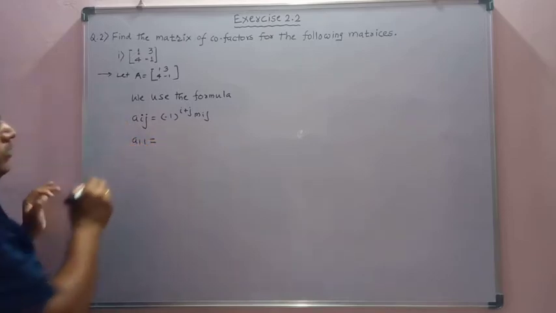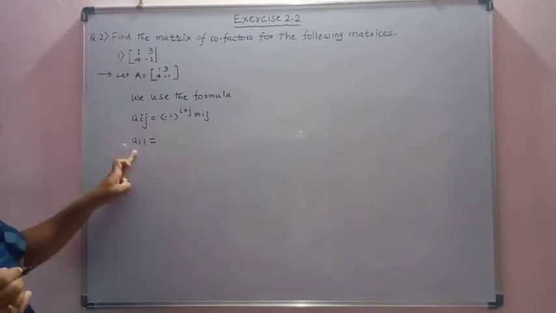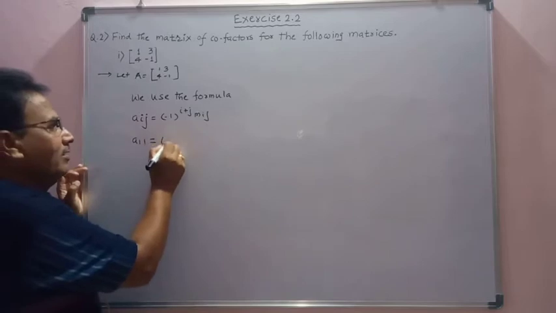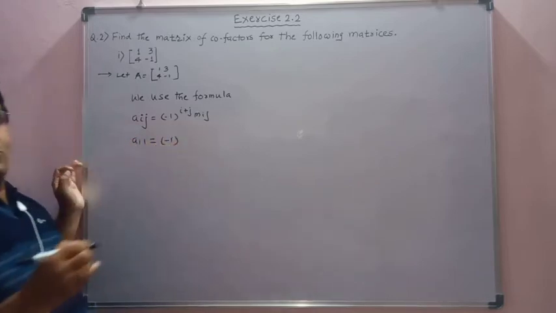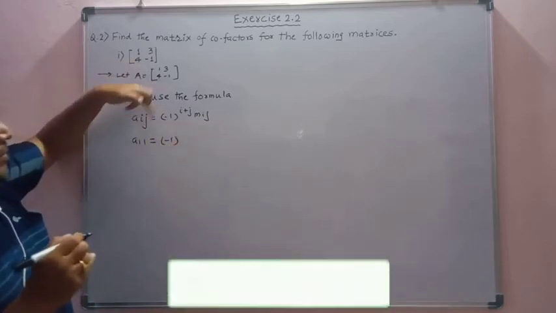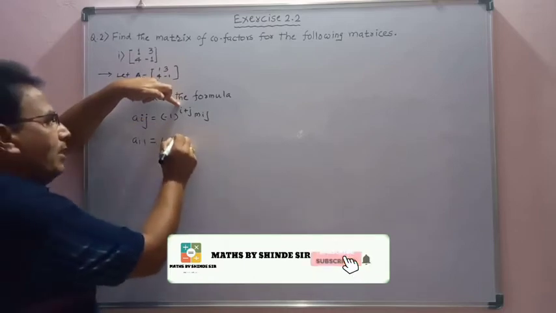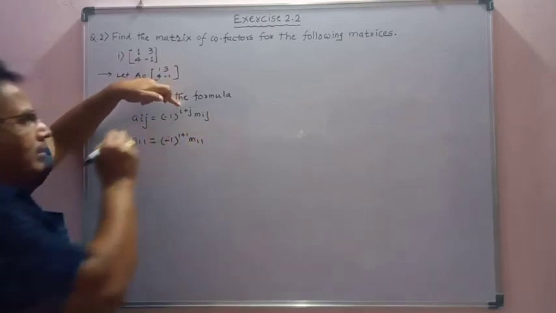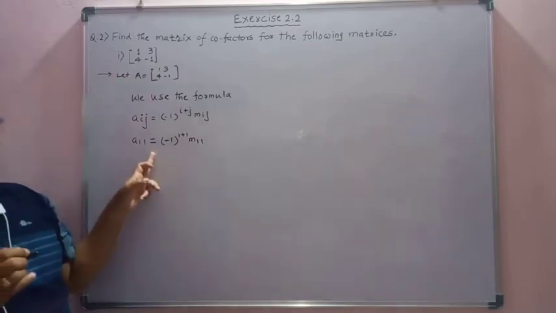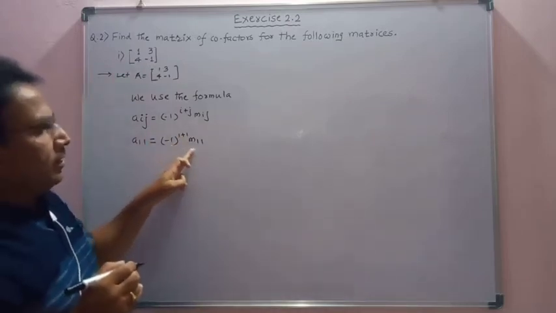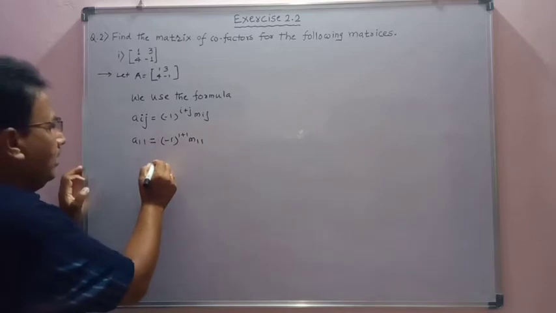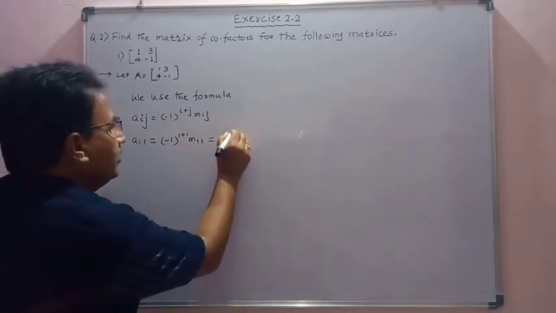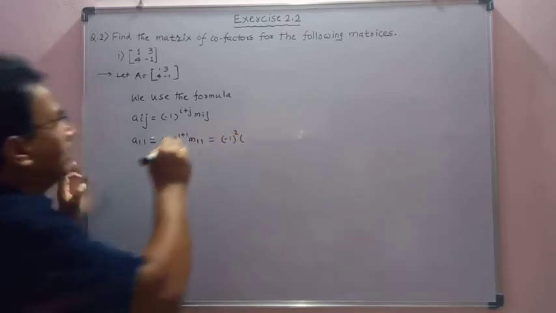A11: the value of i is 1, the value of j is 1, so minus 1 raised to 1 plus 1 into M11. Minus 1 raised to 1 plus 1 is 2, into M11.